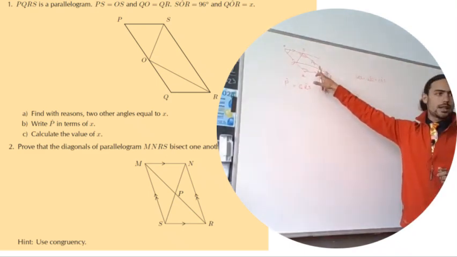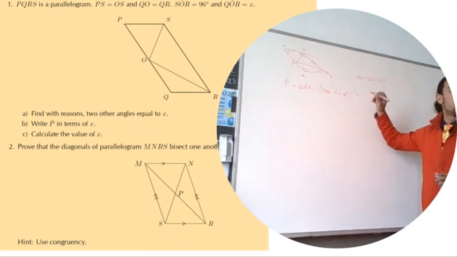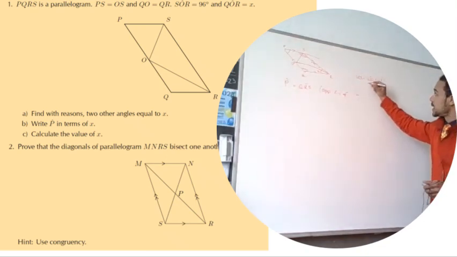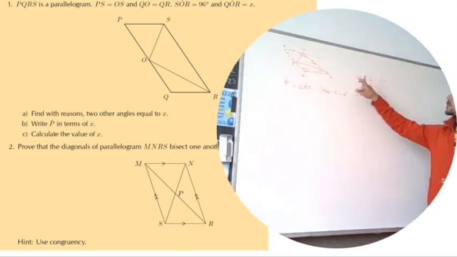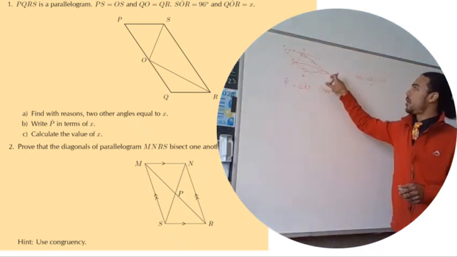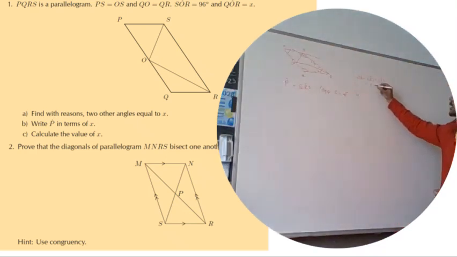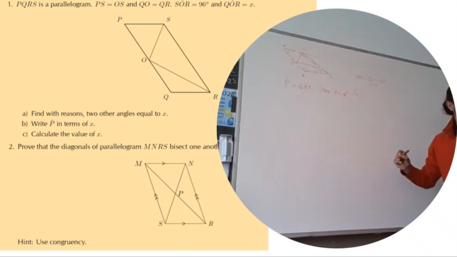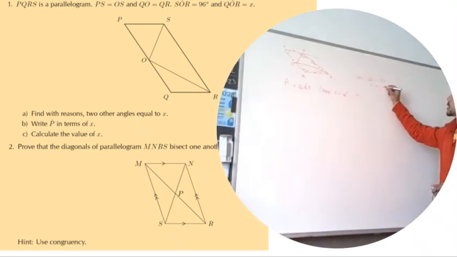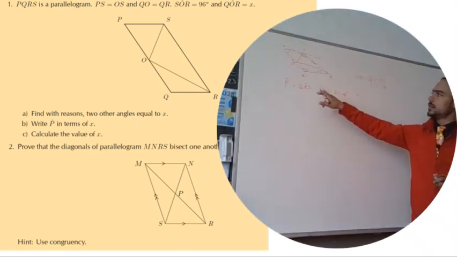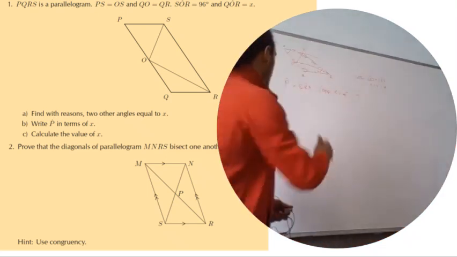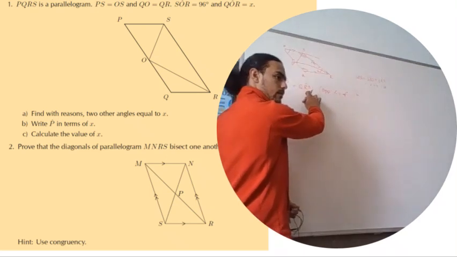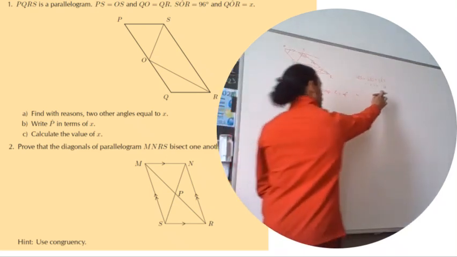I've indicated that that is X. And what is angle ORS? Also X. So what is X plus X? 2X. So that means this angle QRS is 2X.